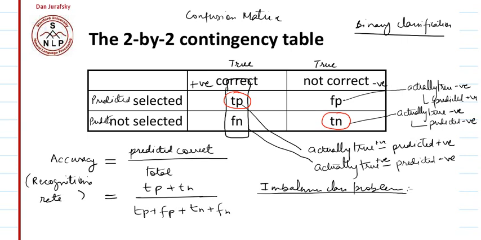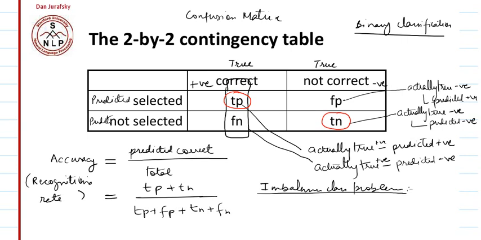So let us take some examples. Suppose we have a problem of recognizing animals, and we have two classes, right? One class is that the particular given image is of an animal, and the other class is the image of not an animal.